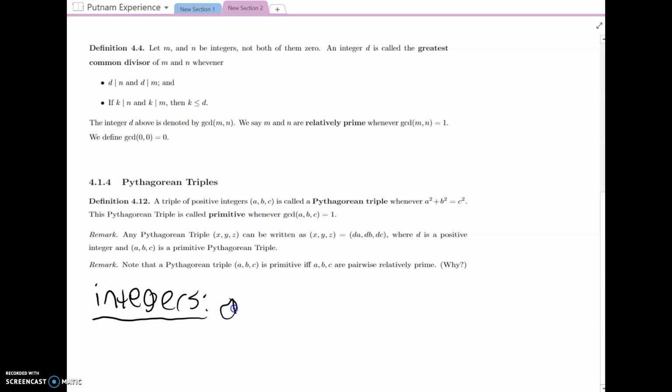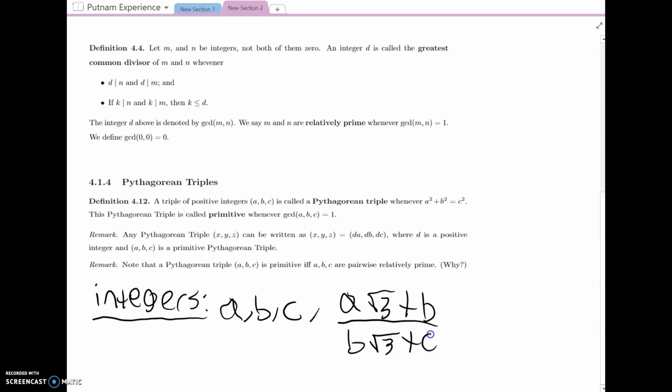So we know a is an integer, b is an integer, c is an integer, and then we have a√3 + b, and we also have b√3 + c.